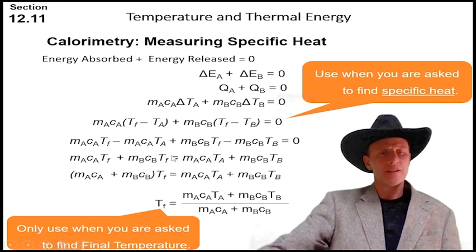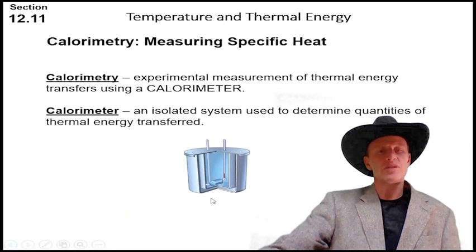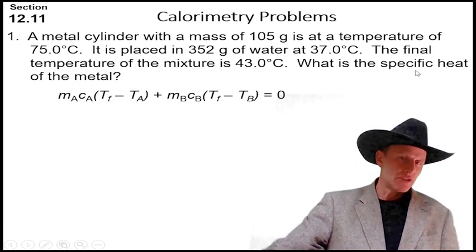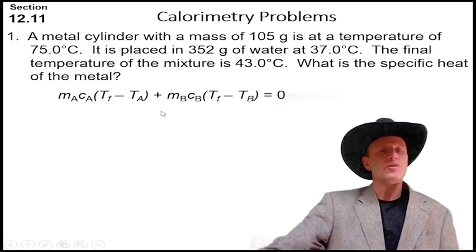All of this algebra isn't needed, but when you're asked to find the final temperature, then you start with this other one. So both equations are found in that derivation process, but if it says specific heat and you're mixing two items, then you want to use this formula.